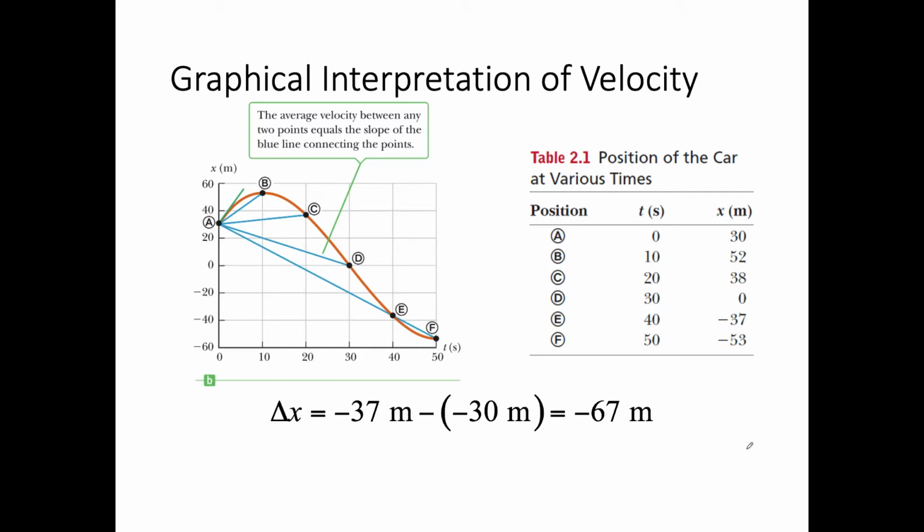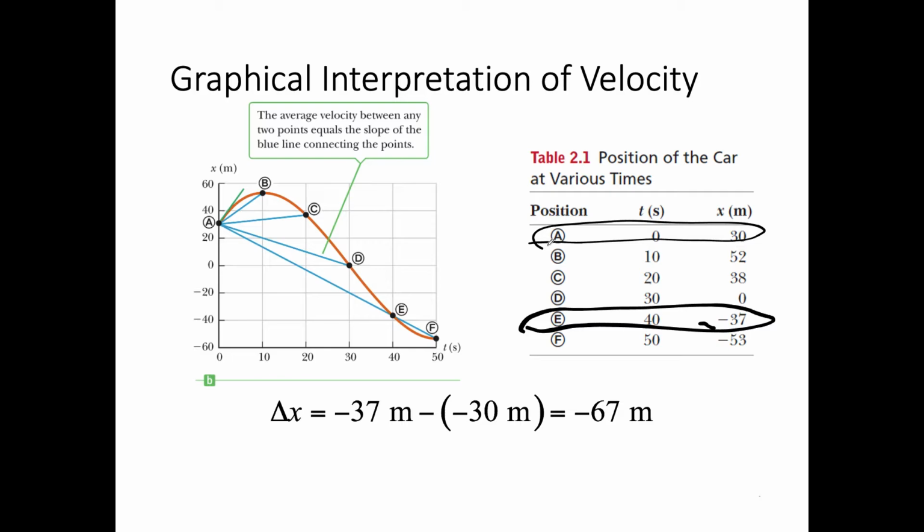So in this example, the displacement from A to E. The displacement is the position of E, negative 37, subtract... Actually, there's a mistake on this.